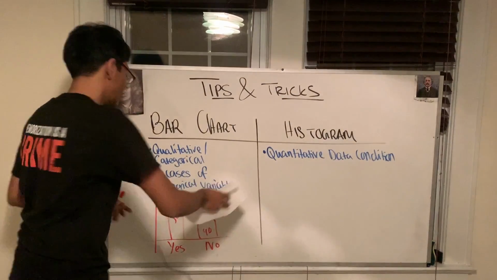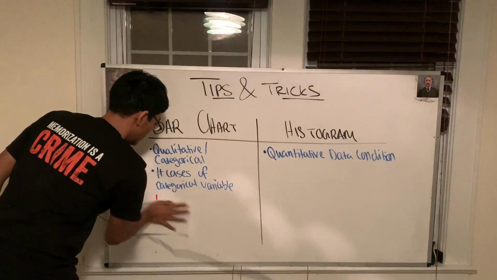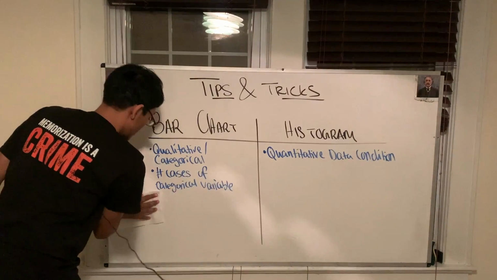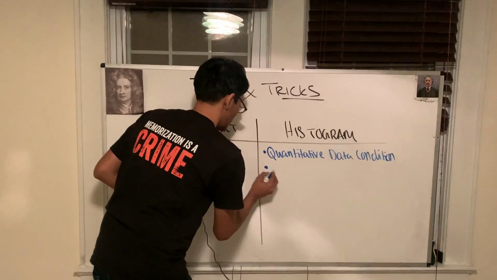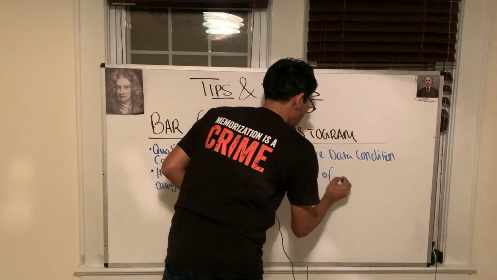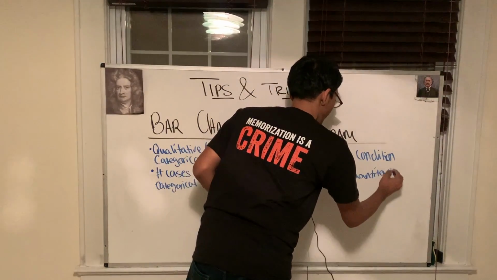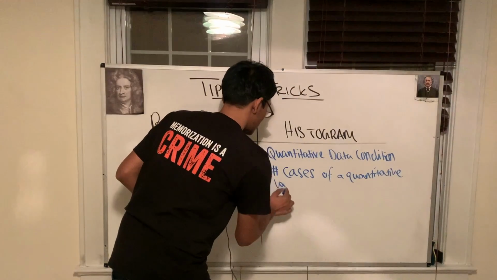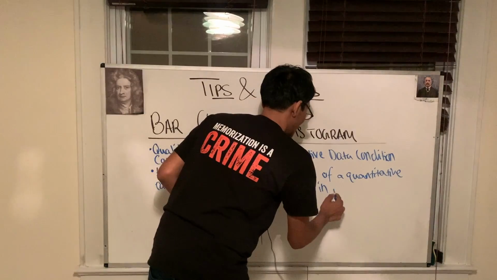Okay, now let's look at a histogram. If we look at a histogram, what do we notice? Well, we notice that we've got pretty much the same thing, except here we know the number of cases of a quantitative variable. And the other difference in a histogram is that it often uses intervals.